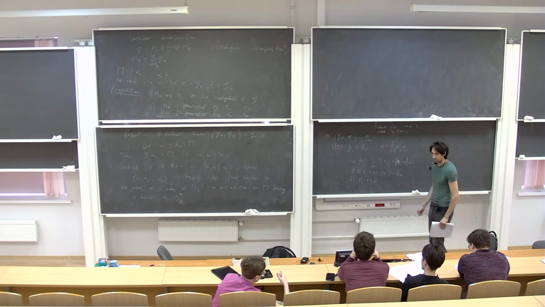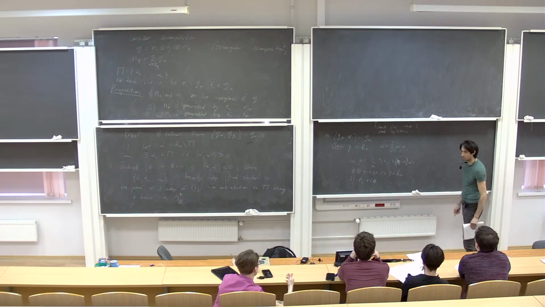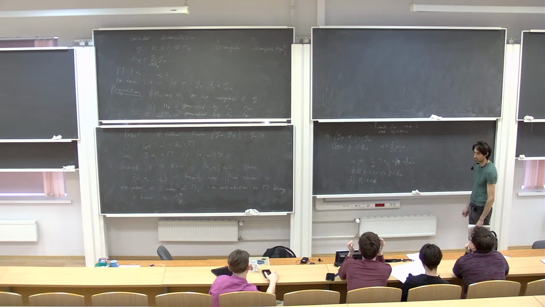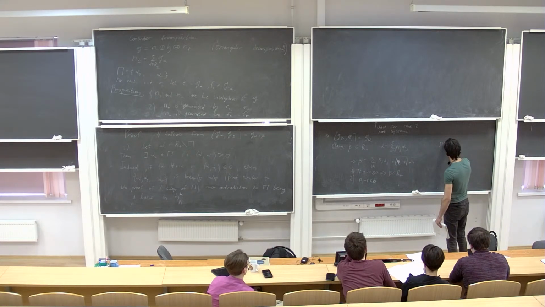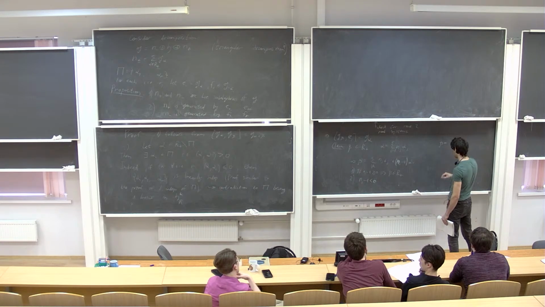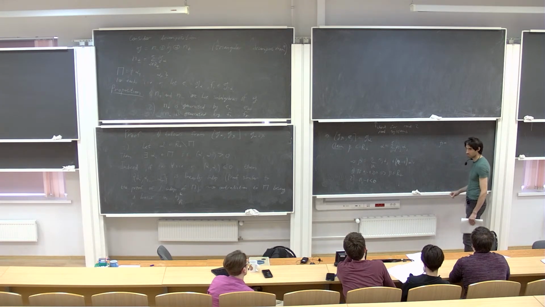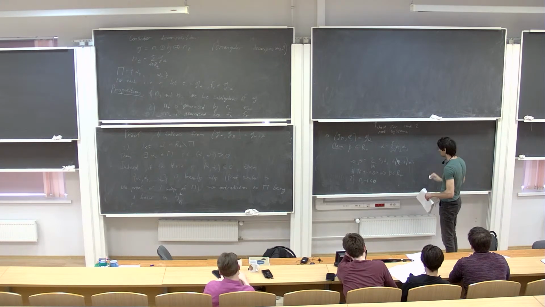Why can beta be written differently? Because this is a basis, there's no other way.